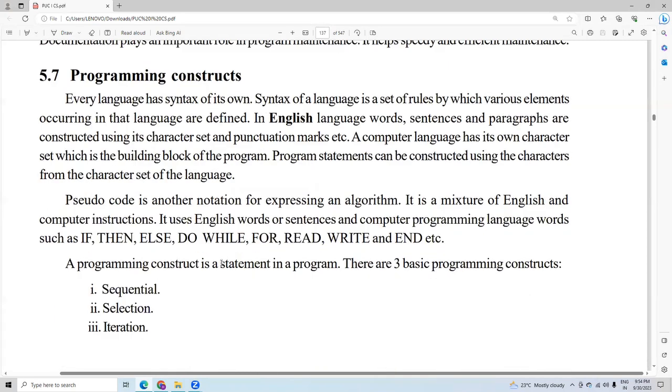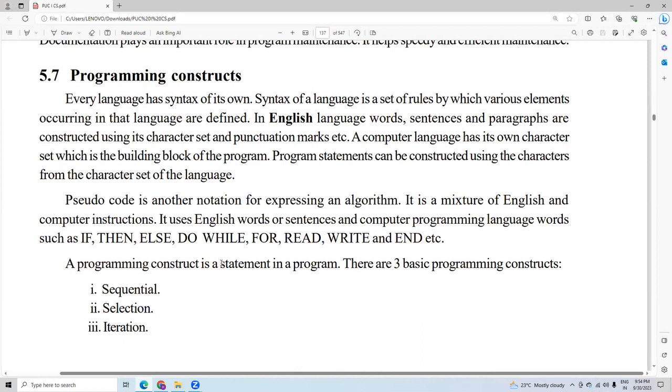Right. Next is program constructs. What are the different types of program constructs? Every language has its own syntax. Syntax means what? The method of writing a command. Every language will have its own syntax for each and every command you are going to write in that program using that programming language.